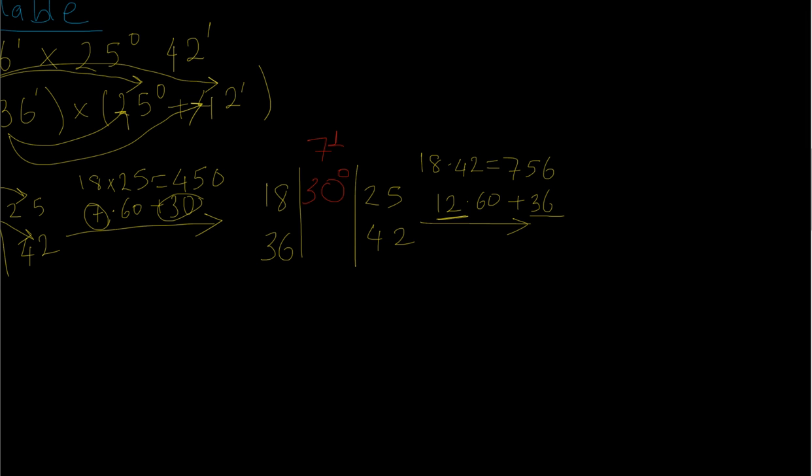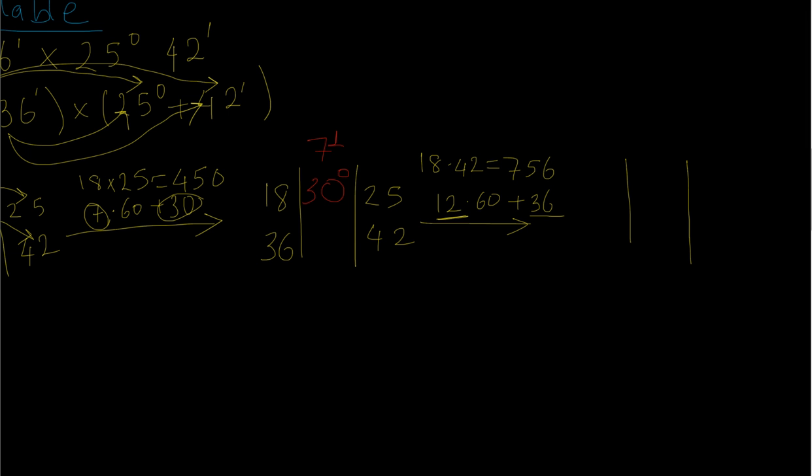So then what we are going to have is, 36 will go here and 12 will go to this position, and that means that we are going to add 12 to 30.